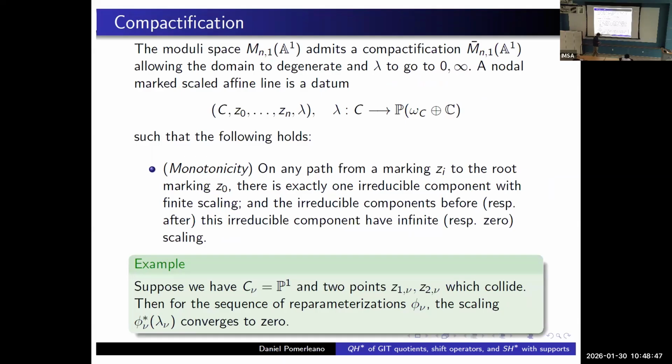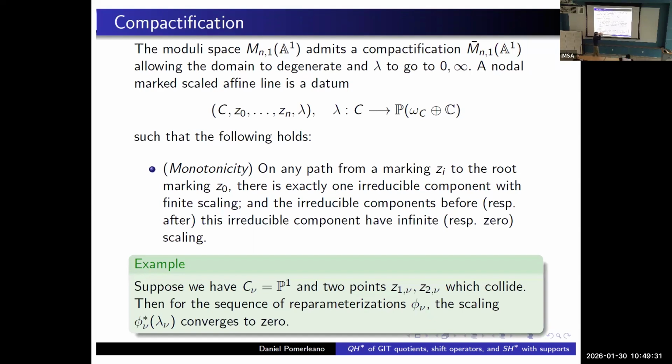This has a natural compactification into stable scaled lines, where you allow the domain to degenerate, and in addition you allow this scaling form to go to 0 and infinity. So you have a nodal curve with n marked points. I'm thinking of z0 as my output point, which corresponds to the point at infinity previously.